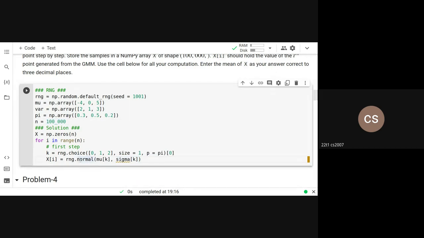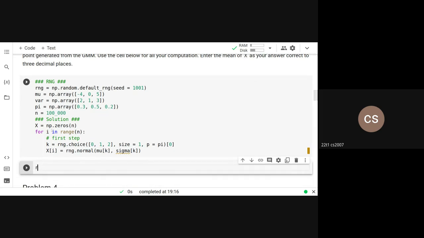Is it clear so far what we have done? Any confusions, doubts? In the last sentence, instead of sigma you have declared it var. Yes.